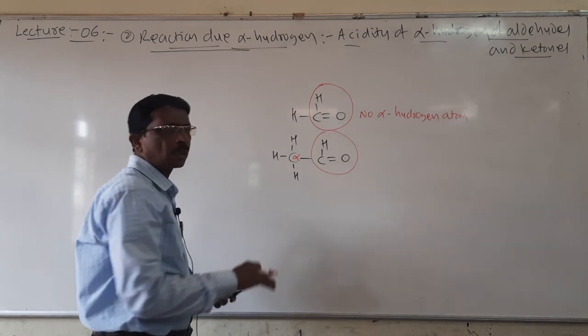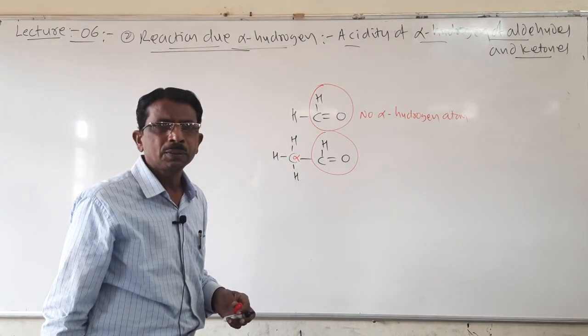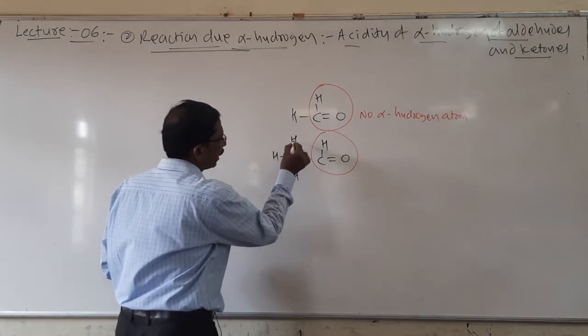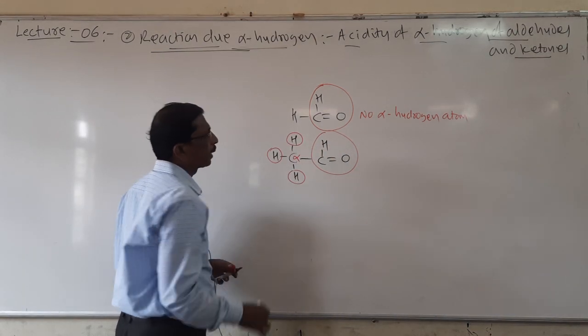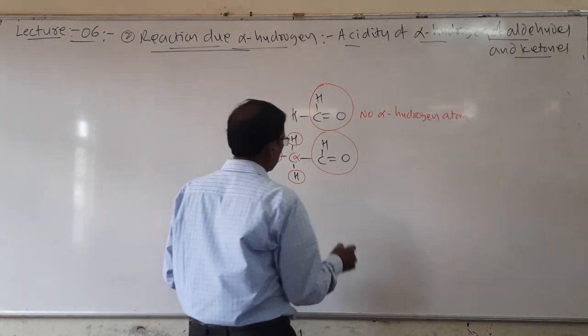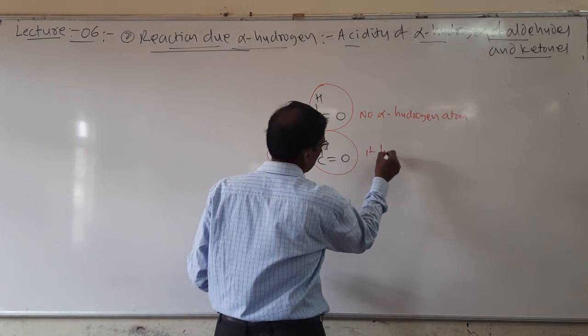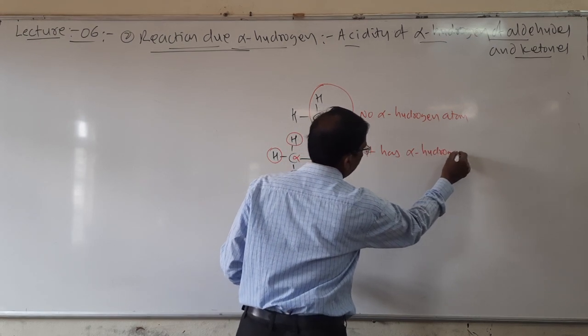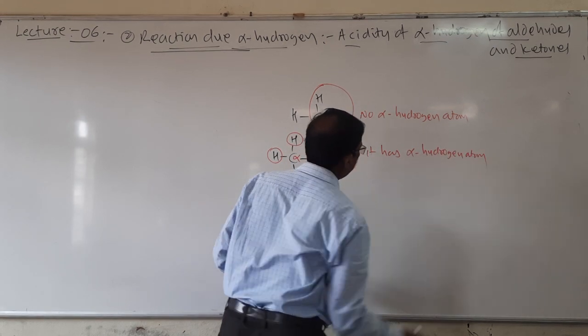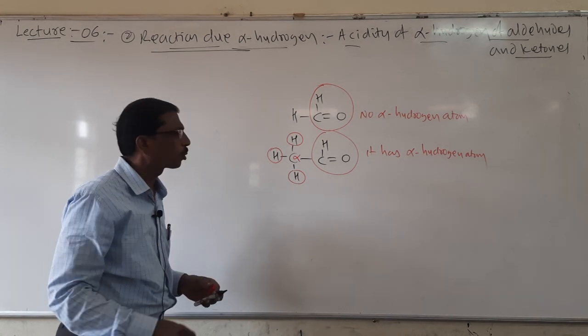Its next carbon is called beta. So at least it must contain one alpha hydrogen. Here it contains 3 alpha hydrogen atoms. So therefore it has alpha hydrogen atoms.